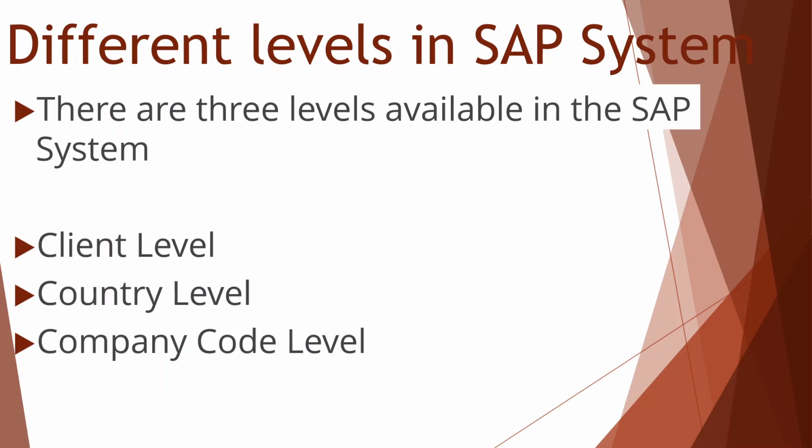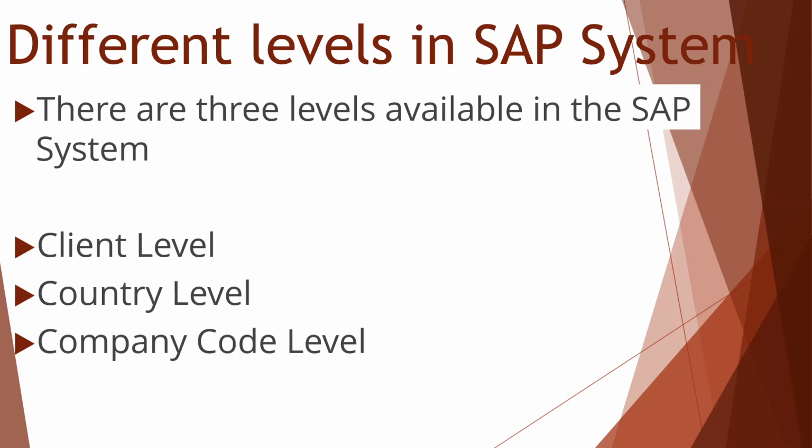Anything defined at the country level, I mean, if you are defining some settings for India as a country, then those settings will be considered as country level. We will have further slides where we will talk about each of these levels in detail with examples. So kindly hold on till then.